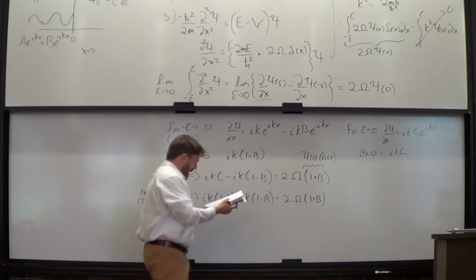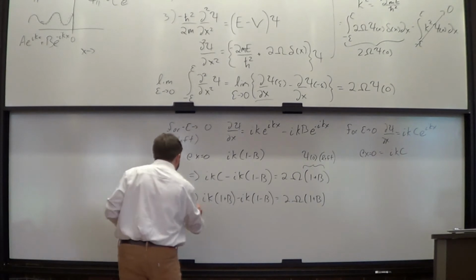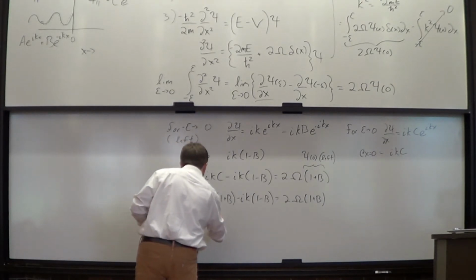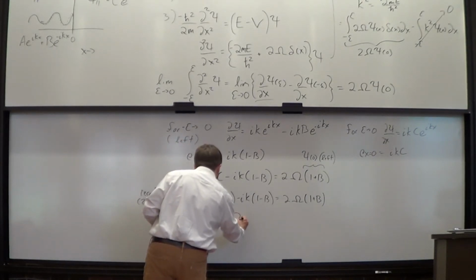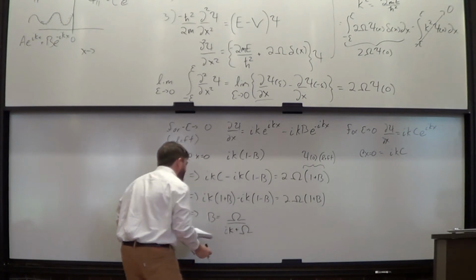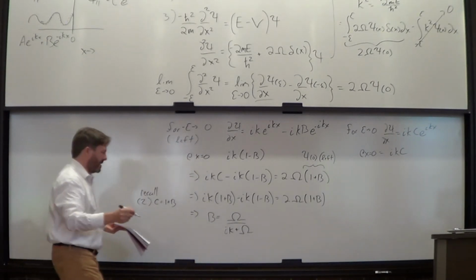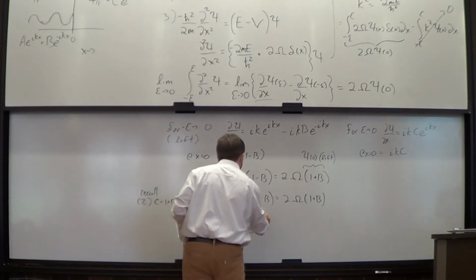And as usual, now we're in algebraic hell. It's not too bad. Therefore, b is gamma over ik plus gamma. There you go. Actually, that's not the reflection. Remember, this is the amplitude, not the percent reflection.